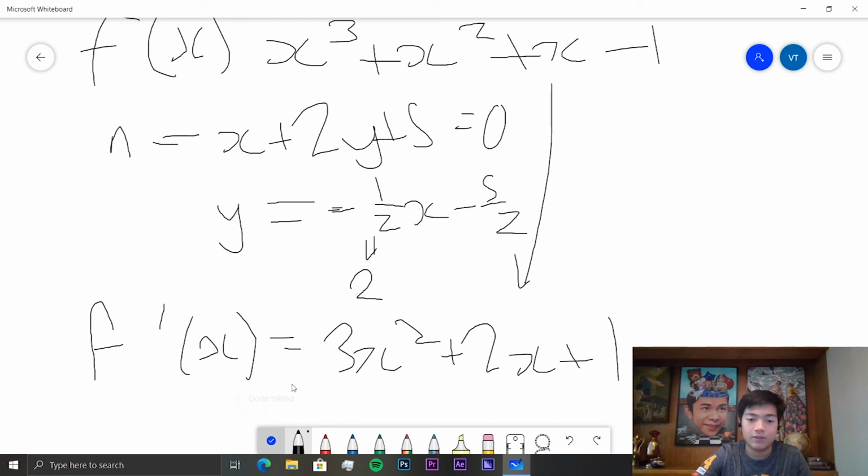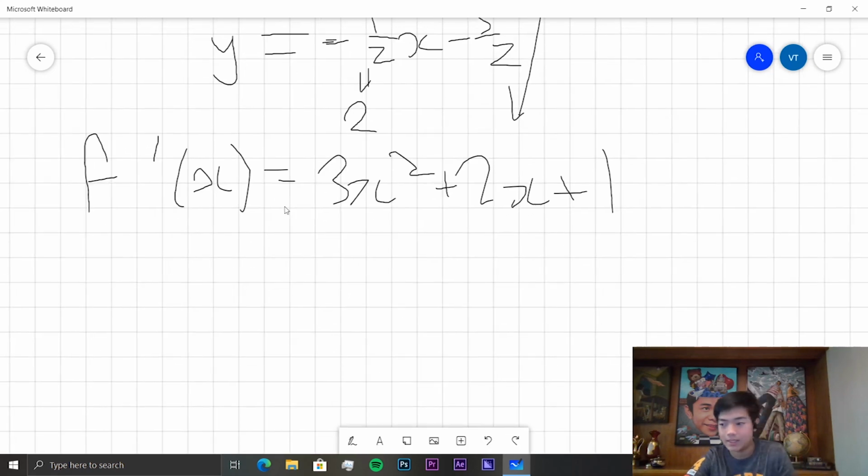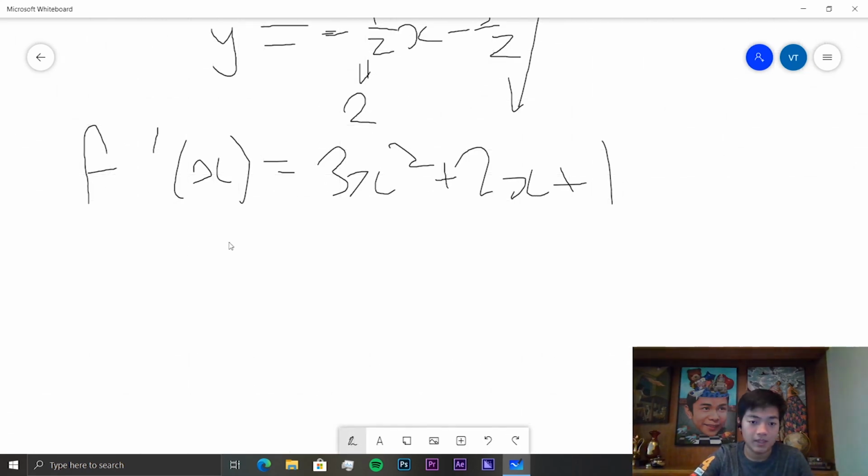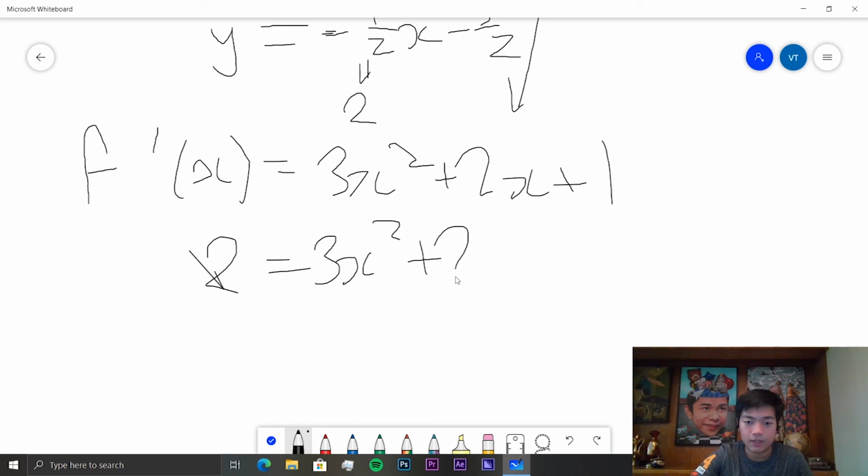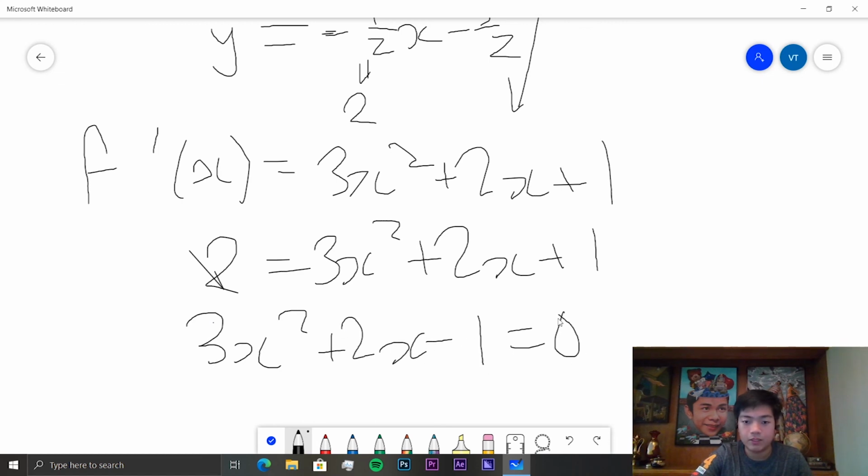And so if the gradients are equal to 2, we need to set this equal to 2. So we have 2 is equal to 3x squared plus 2x plus 1. So we have 3x squared plus 2x minus 1 is equal to 0.